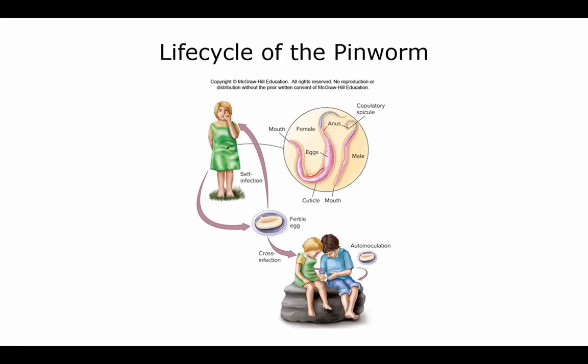So you see here, she's ingested the eggs, and so she scratches, puts her hands up to her mouth, and so she reinfects herself, and then this little fella touches her hands, so it starts over.